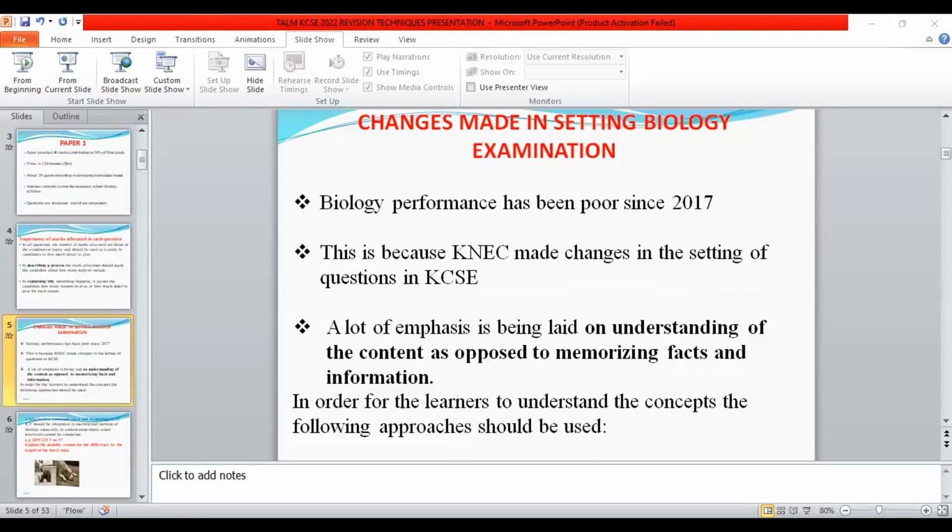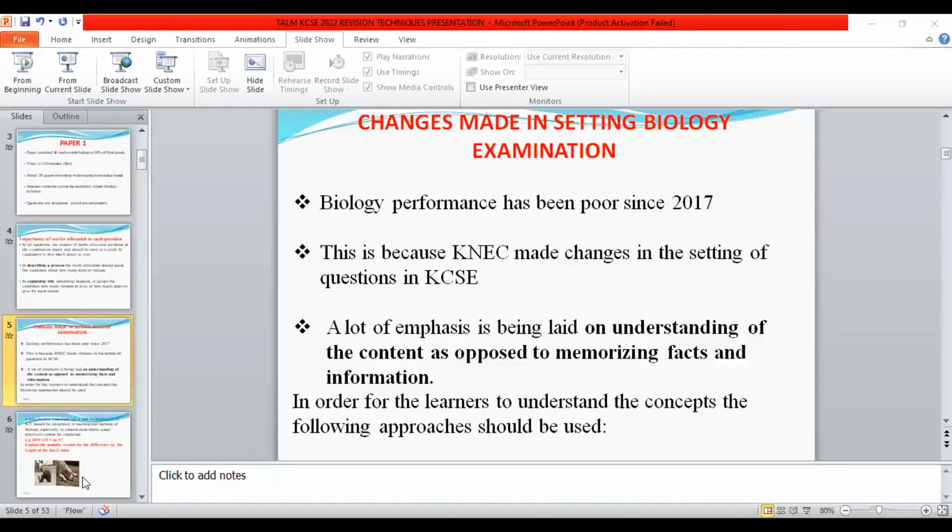In order for the learners to understand the concepts, it is very important that we teachers struggle as much as possible to change our methodology. Some of the methodologies which can lead to more retention of the content is information, communication, and technology, where today we have every person making use of ICT in our daily lives.